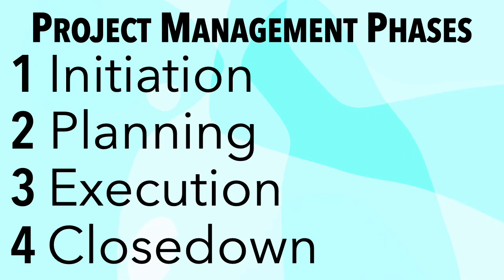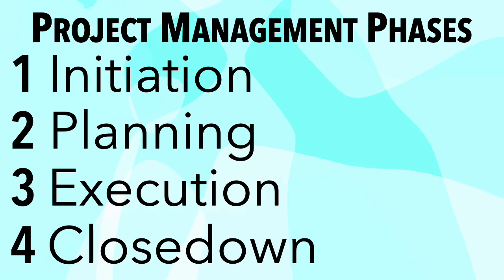Planning has to do with planning the management of the process of developing an information system. Execution is developing the system per the plan, and close down has to do with some particular procedures and best practices as development wraps up.